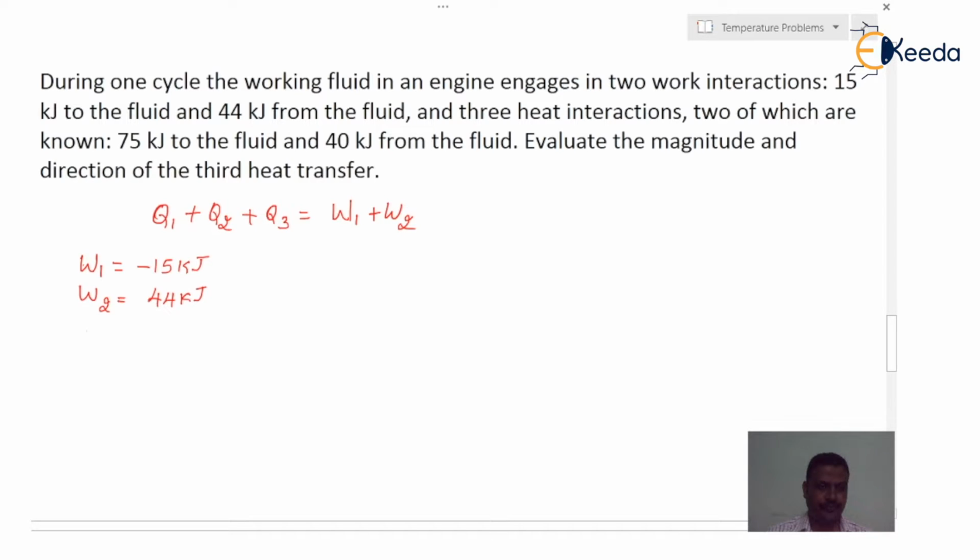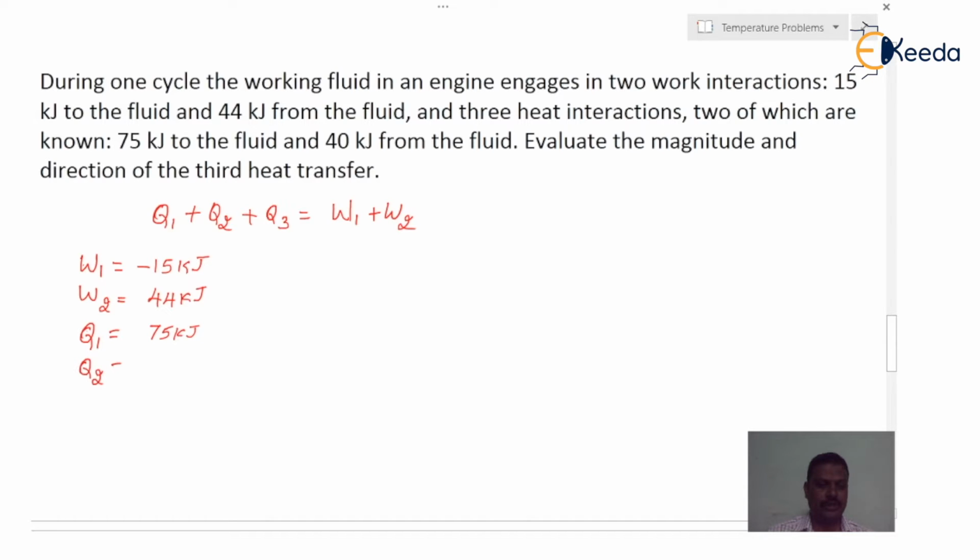So here Q1 is 75 kilojoules. Now let us see its direction. Here 75 kilojoules to the fluid, so heat added to the system is taken as positive, so it is plus 75 kilojoules.